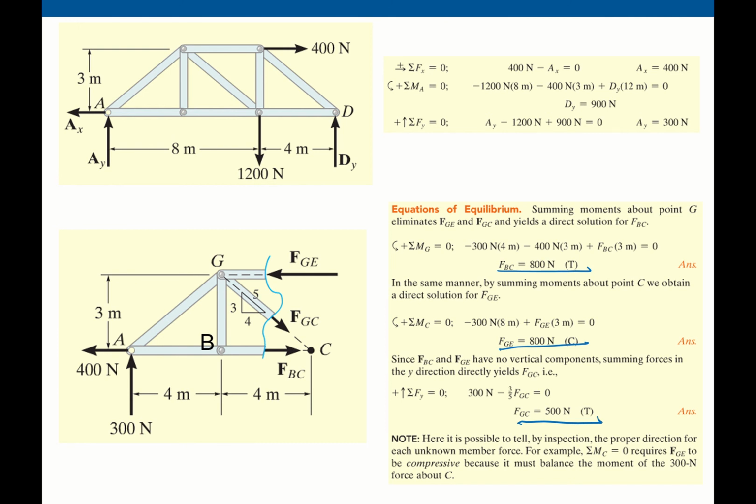Obviously, I will change some numbers here and here. You have to know how to apply the method of sections to figure out the magnitude of force as well as whether this member is in tension or compression.